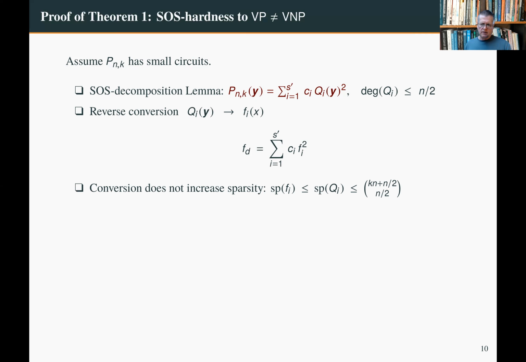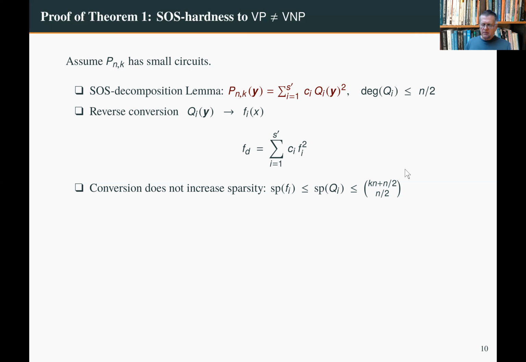And now we can look at what gives the sparsity bound here. What is the size of FD with respect to this representation? So first of all, one has to observe that this conversion does not increase the sparsity. So that means the sparsity of the Fi's is bounded by the sparsity of the Qi's, and a Qi is a polynomial with k times n variables of degree n by 2.